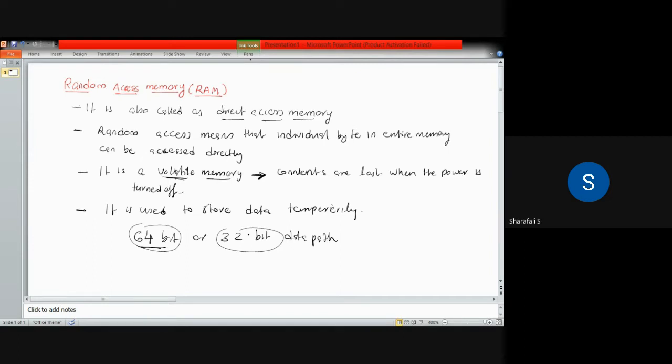This is nothing but the number of bits transferred in a single clock pulse.